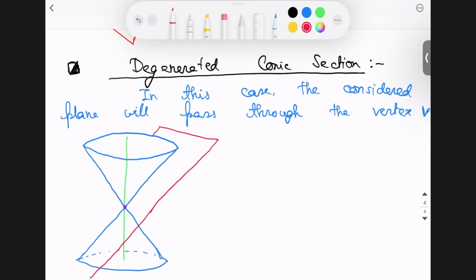And this angle is equal to alpha. Okay. And if I draw the middle line, it will be like this.